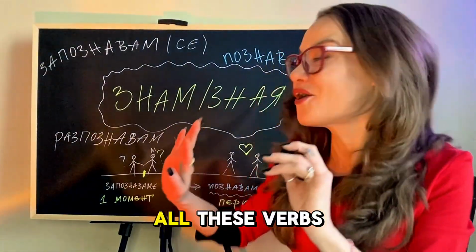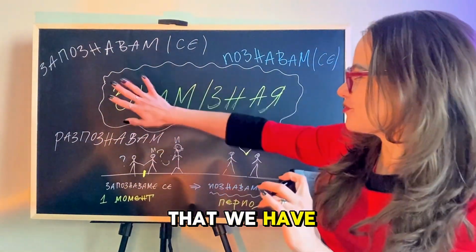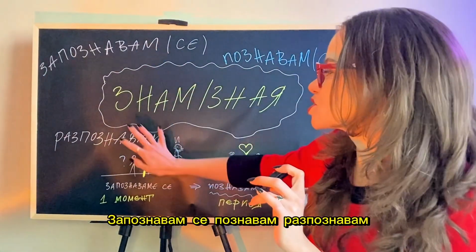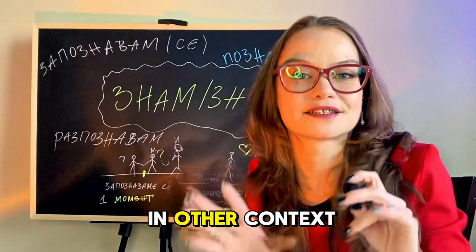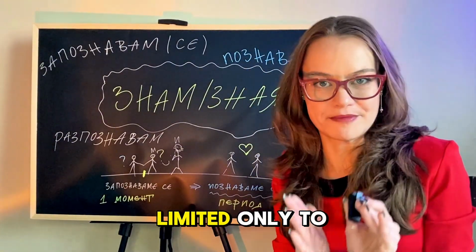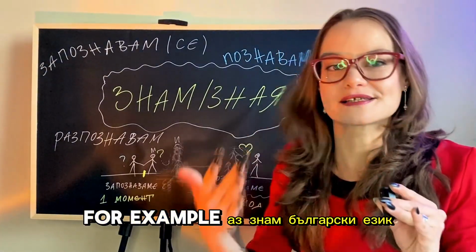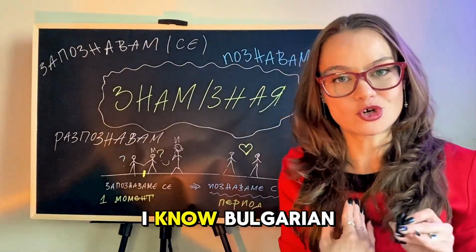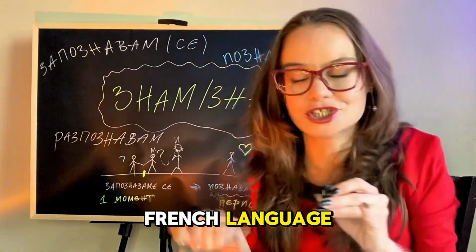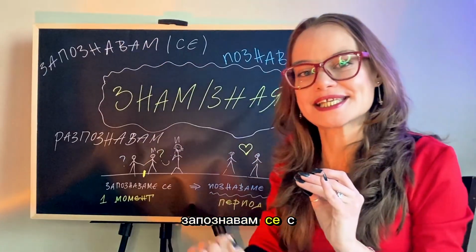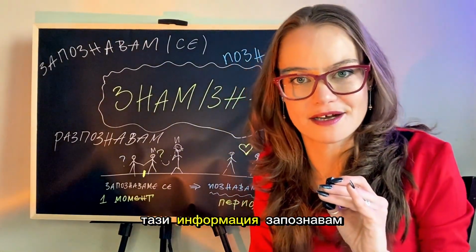And then all these verbs that we have, Знам, запознавам, Запознавам се, познавам, разпознавам can be used in other contexts. They are not limited only to knowing people. For example, аз знам български език. I know Bulgarian language, French language. Then, I can have запознавам се с тази информация.